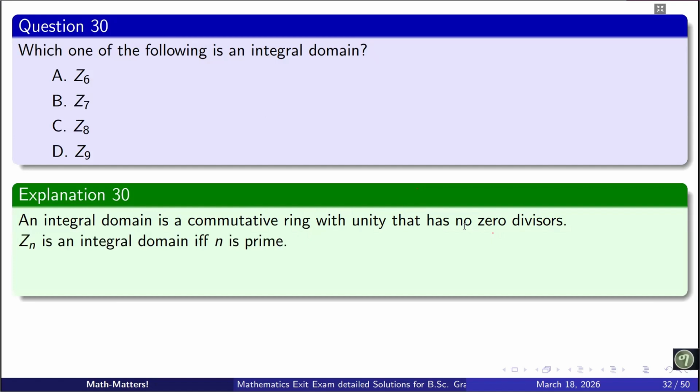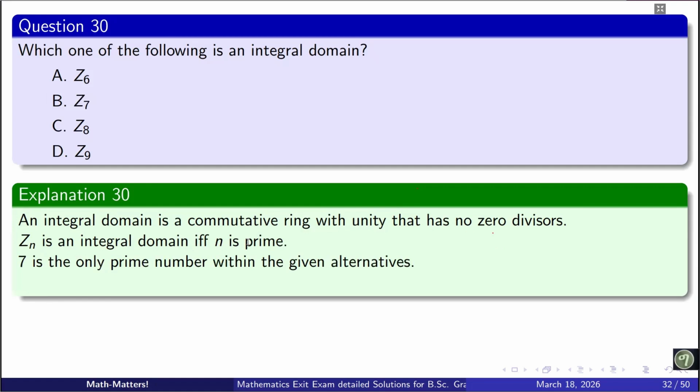So Z_n is said to be an integral domain if and only if n is a prime number. Because if n is an even number, the commutative ring will have zero divisors, but it will have no zero divisors whenever n is a prime number.